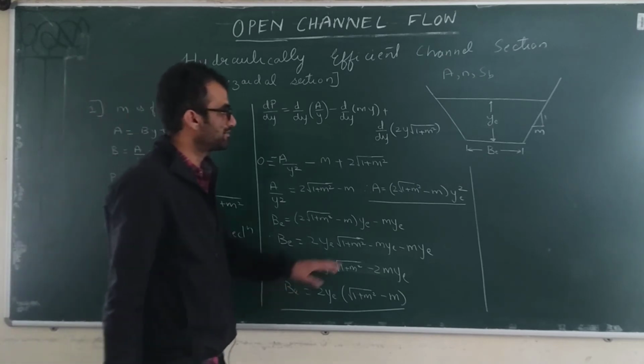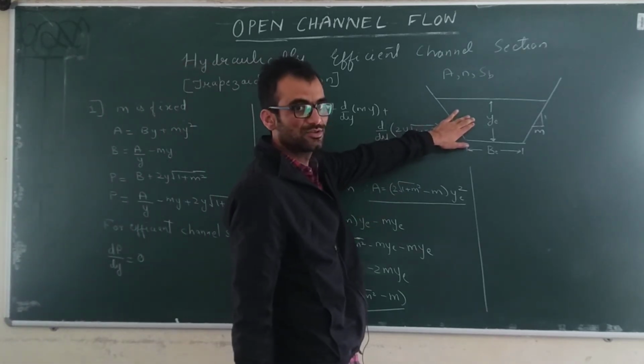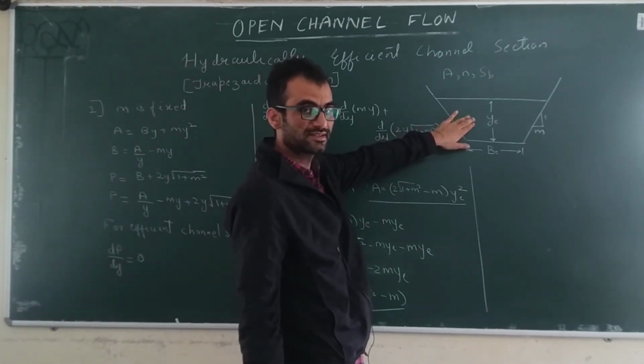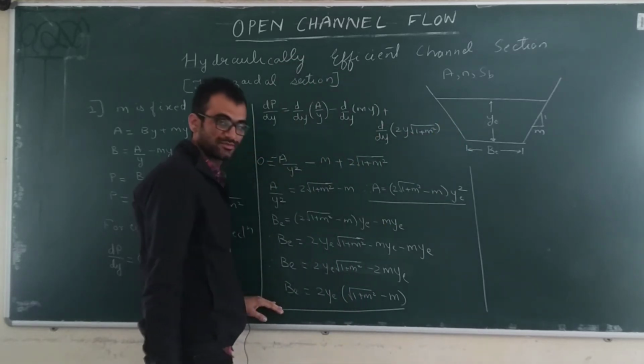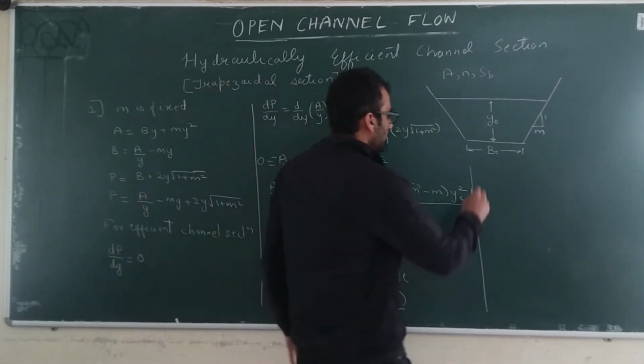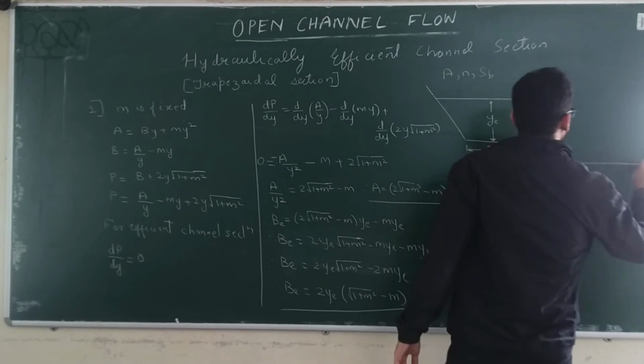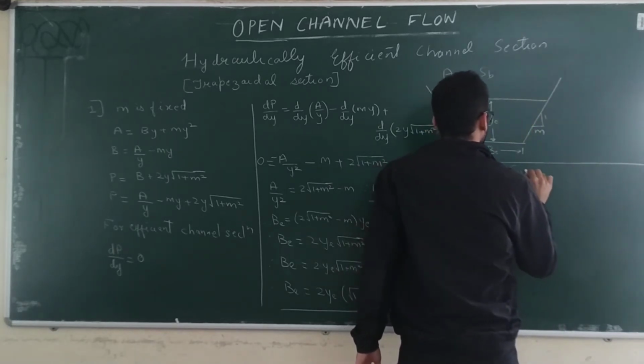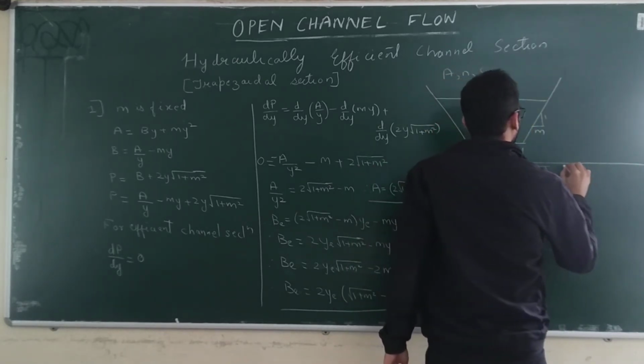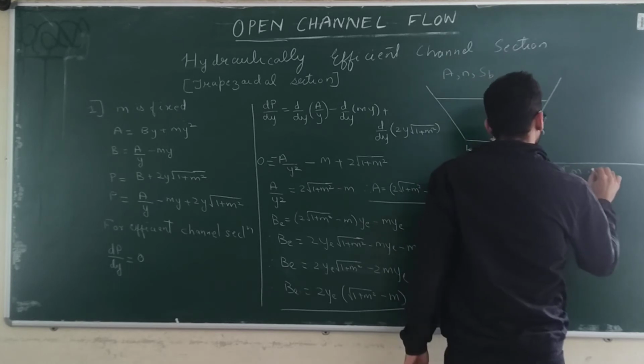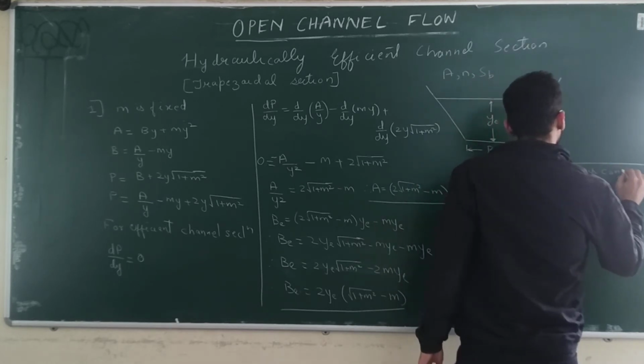Whenever you have a trapezoidal section and you want to find the efficient section criteria, apply this equation for base width. I will write one by one. The criteria is here for case 1 where m is fixed, m is constant.